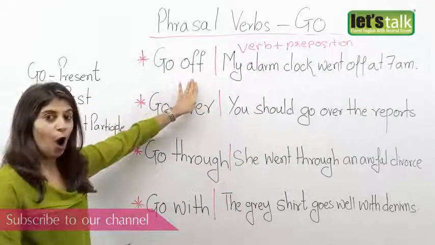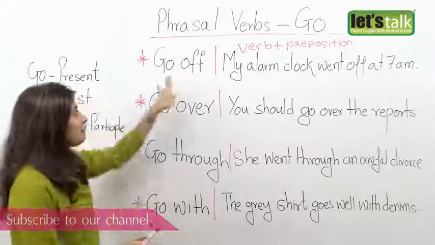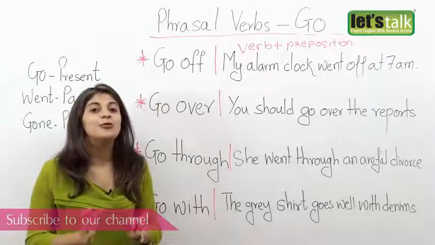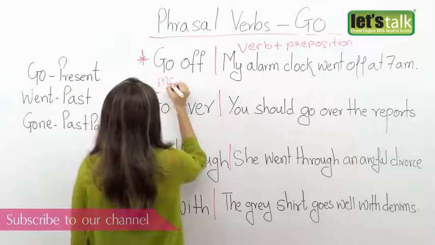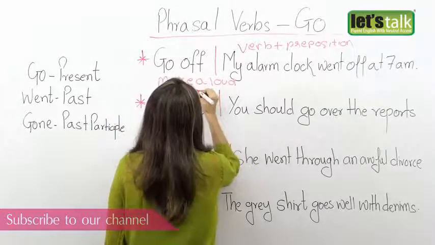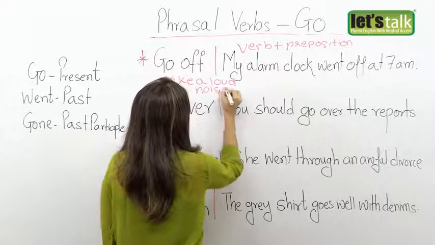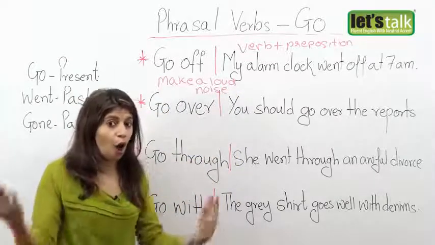We have go off. Now go off doesn't literally mean that you leave, but it means to make a loud noise or to explode. So you know how fire extinguishers go off, right?